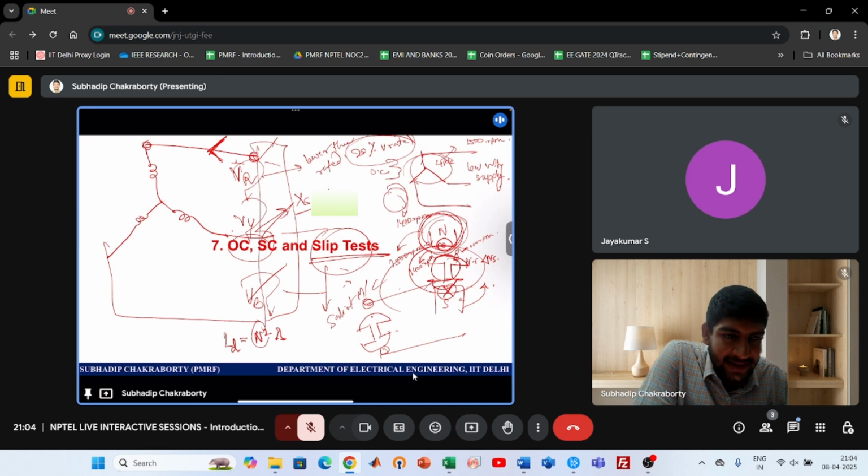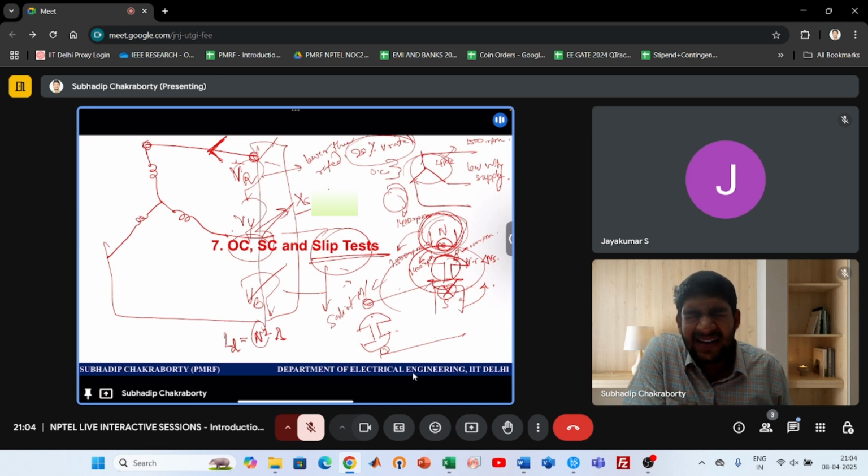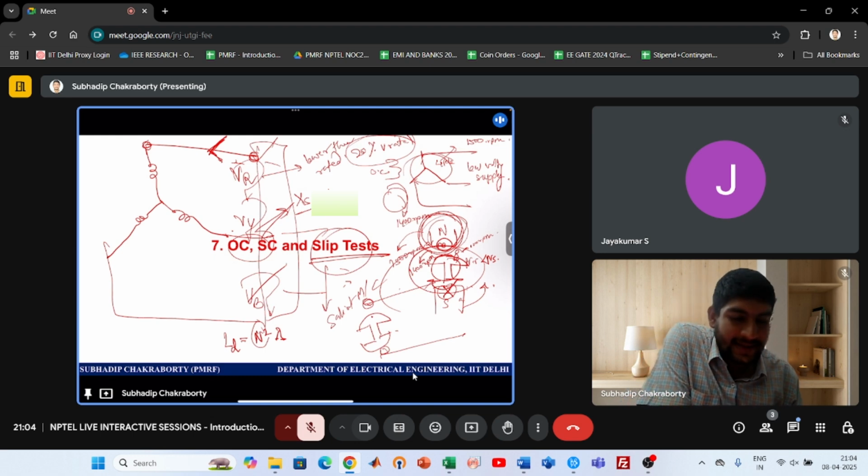Now the turns are not the variable here; you have to see the magnetic path and the number of turns of the coil. But this permeance is more or less? Less, right? There is a lesser air gap.